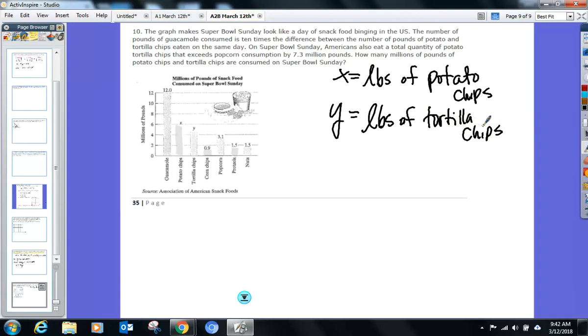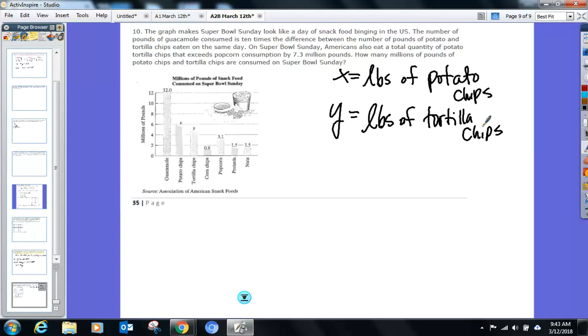All right, 2 variables, 2 equations. Ready? Read it through with me. Number of pounds of guacamole consumed. Guacamole, does that mean I have to do a third variable? Nope, that's why I provided the graph. How many pounds of guacamole is consumed?